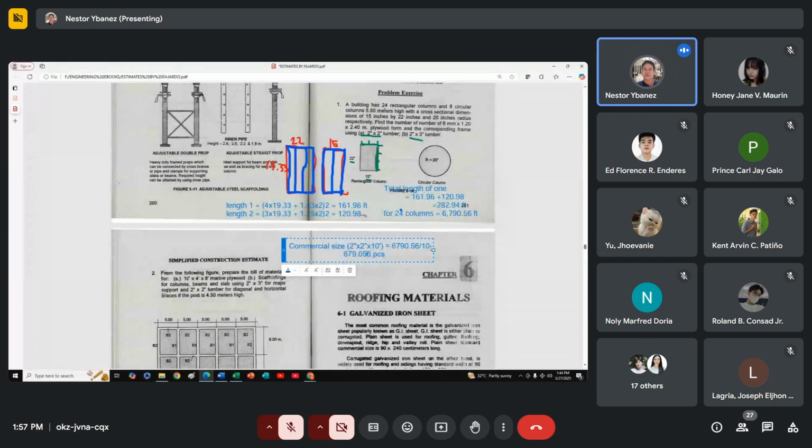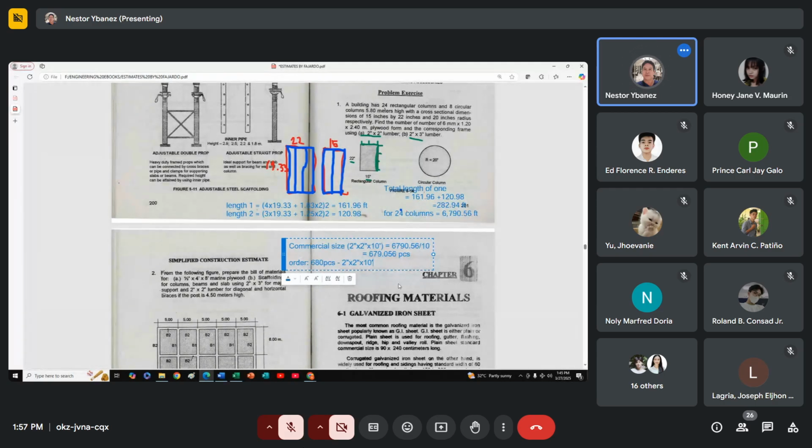Therefore, what I'm going to order or buy is 680 pieces of 2 inches by 2 inches by 10 feet.